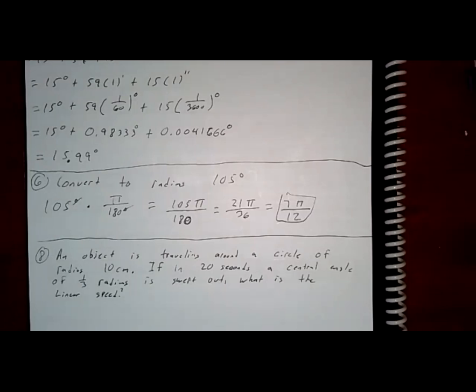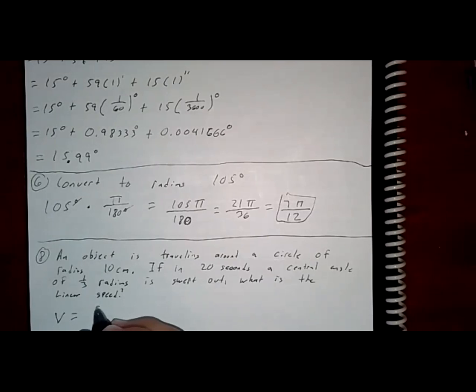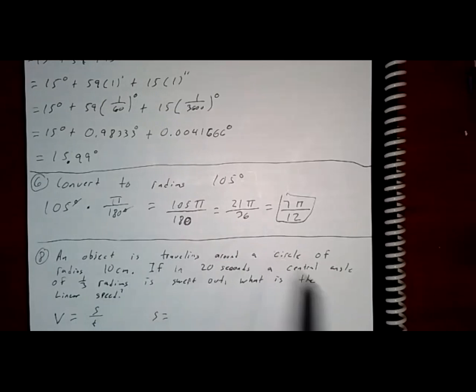Okay. So we need the formula for linear speed, right? I believe linear speed is v equal to s over t. And we also know that s is the arc length created by the radius subtending an angle. So that distance around the circle is s, r times theta.